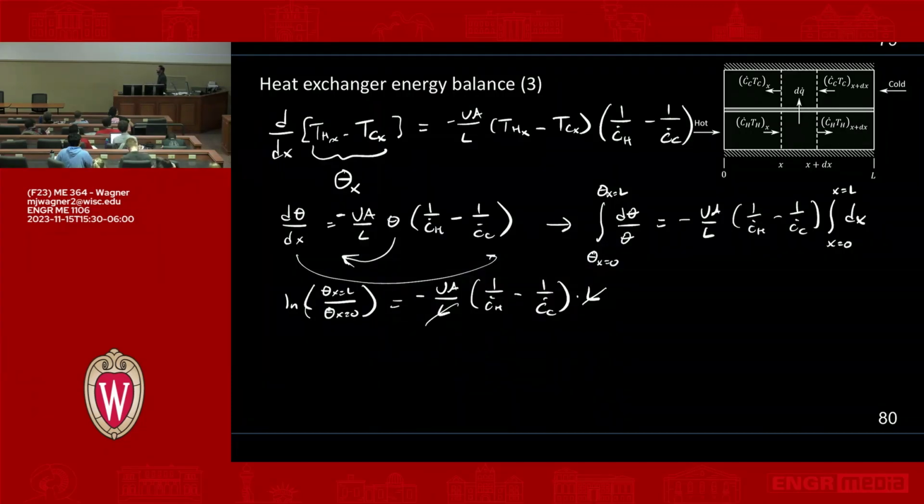All right, so now all we have to do is go back and say, well, what did we originally say theta was? That's our temperatures. We just have to say, well, what's our theta at x equals 0, at x equals L? And now we have our final equation here.